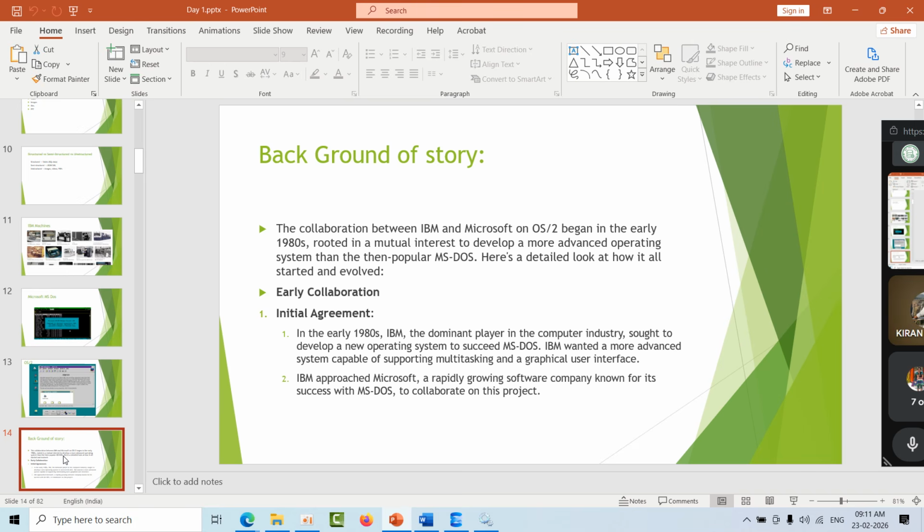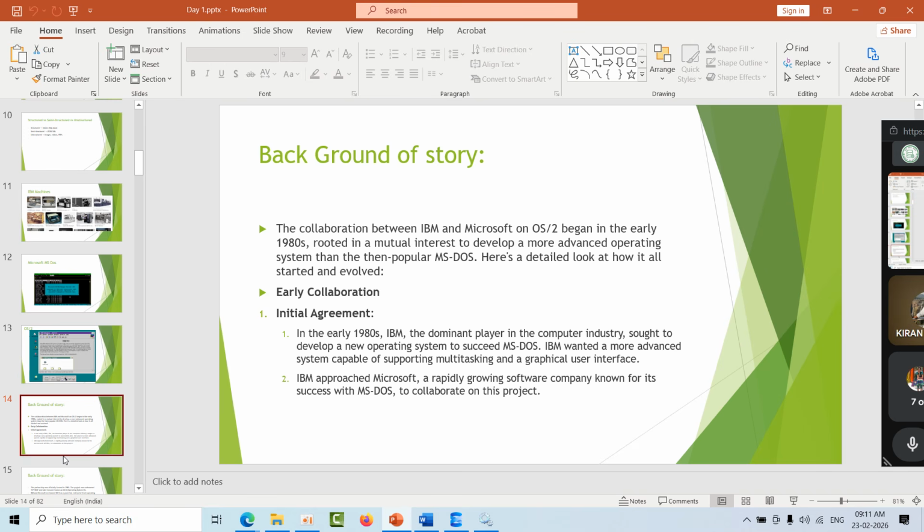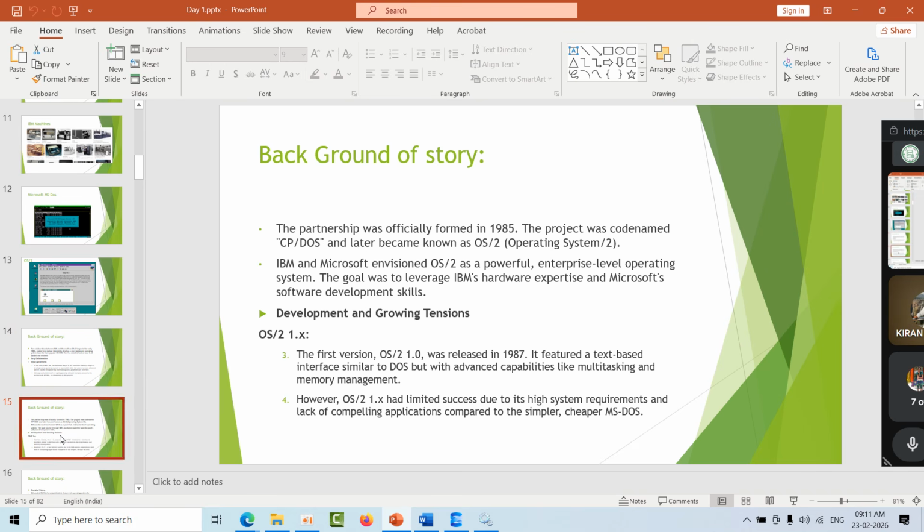So they started an agreement, and they joined together. By the time, when two friends join together, everybody will have some visions and interests, fashions and everything.